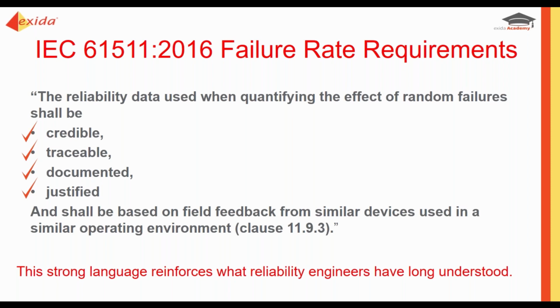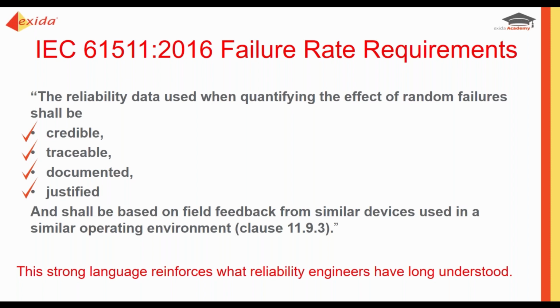The old version of IEC 61511 just used to say, yeah, use failure rates in your calculations. However, the new version of the standard really upped the language. They made sure that they said not just using failure rates now, but use failure rates that are credible, that are traceable, that are documented, and that are justified.